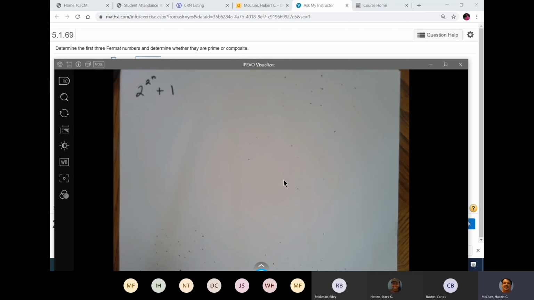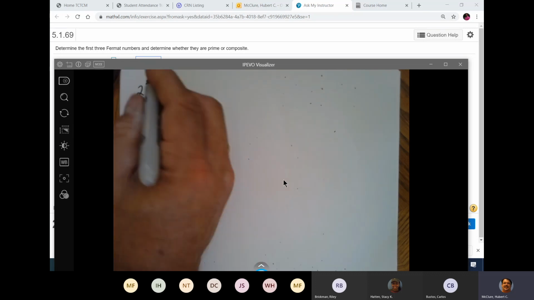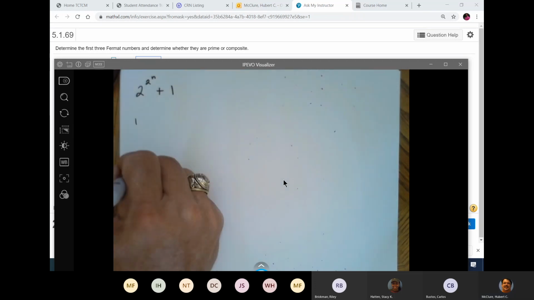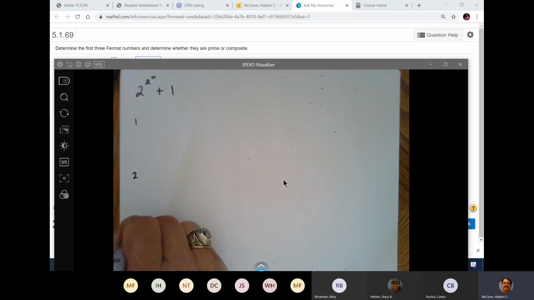So I would not lose any sleep if you don't understand how to do it. I'm going to show you how to do it. You do it, you get your points, and you keep going. I would much rather you worry about doing a problem with least common multiple, greatest common divisor than doing this problem. All right, so I want you to plug in 1, 2, and 3 because they're asking for the first 3 numbers.